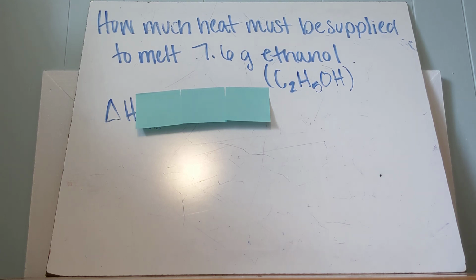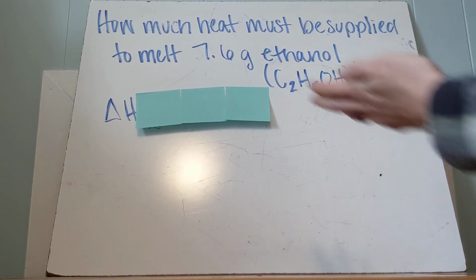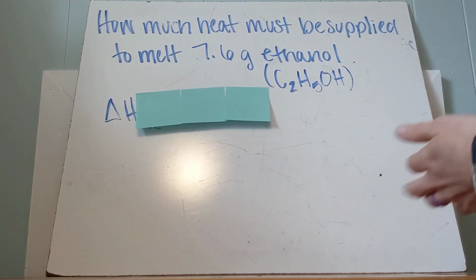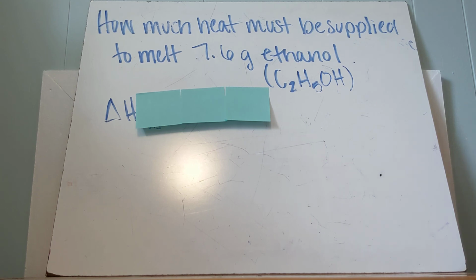So again, in this one, I covered up the delta H that I was looking for. So we're looking for melting. If you remember from the last video, if you look it up, it won't be melting. It'll be the delta H of fusion. Since it is melting, we didn't have to do the opposite or the negative or anything like that.